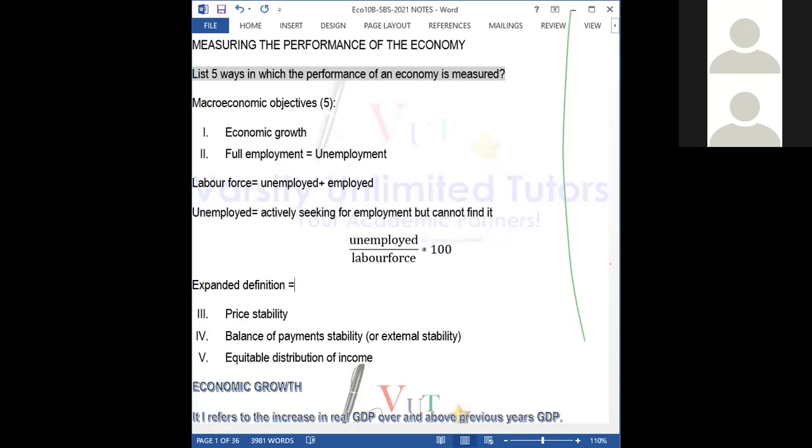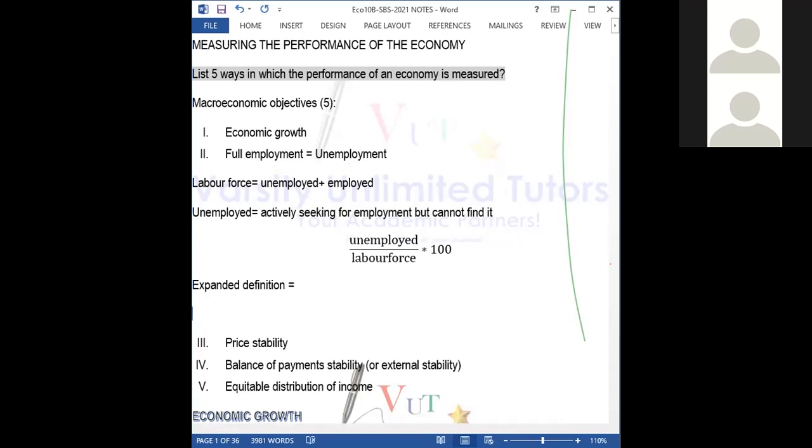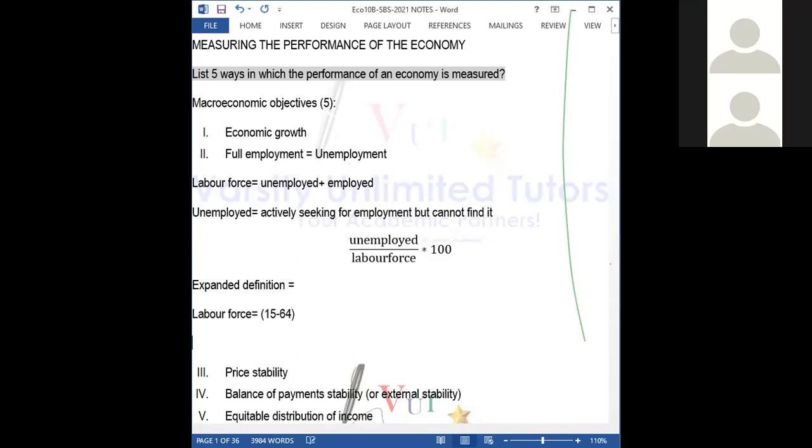So the labor force would be those that are of a working age, that means the population between 15 and 64. Everyone that falls within this category of 15 to 64 would be regarded as the labor force. It basically includes anyone that is unemployed.